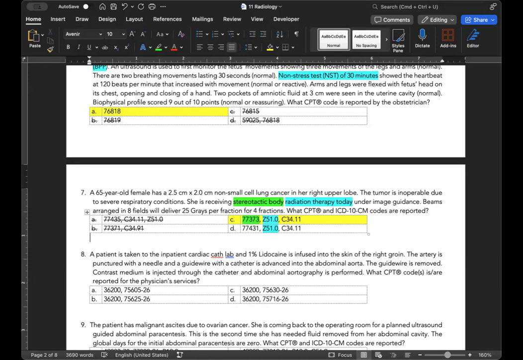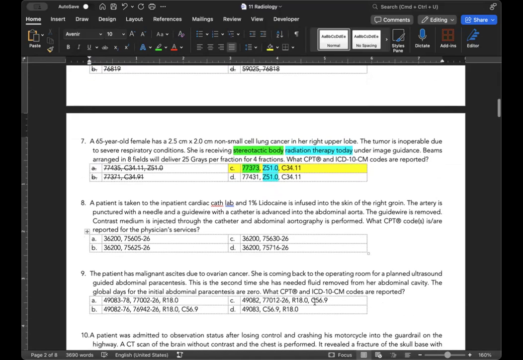If you look at your guideline on page 573, you've got bullet points on the left-hand column, and it says that the professional services furnished during the treatment management typically include the review of your images, review of your dosimetry, dose delivery, and treatment parameters, and then the review of the patient treatment setup. So the management is just making sure that our plan is working, right? Versus the delivery is the actual delivery of the treatment itself. Okay. Any other questions?